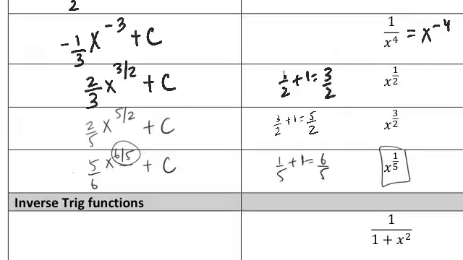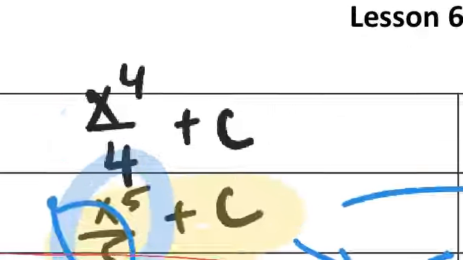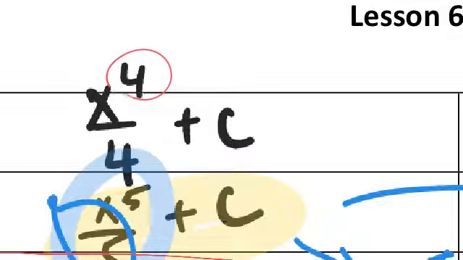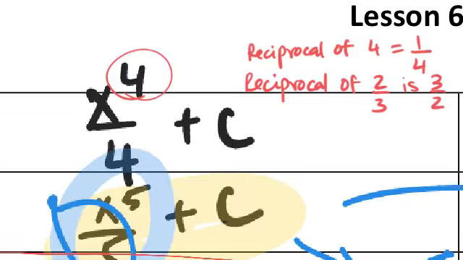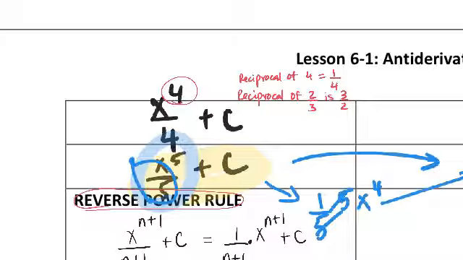It just means flipping the fraction, right? Or if you have a whole number like 4, right here, then the reciprocal of 4 is 1/4, right? Just to say it again, to be clear, the reciprocal of 2/3, right, is 3/2. Okay, there's no negative sign that gets introduced. Okay, let's see.